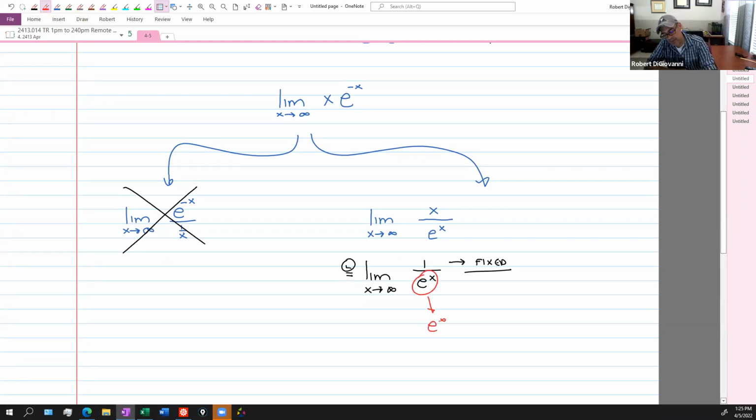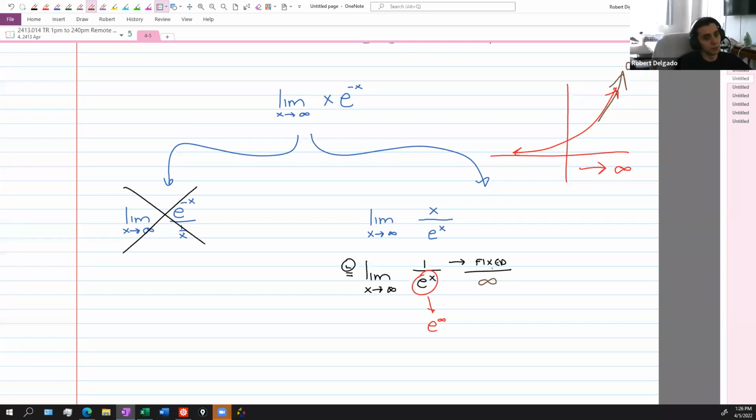E to the positive infinity, which if we go back to that graph, now we're on the e function, but we're headed out to positive infinity, which means that this graph is taking off to positive infinity as well. So the denominator is getting infinitely big. And anytime you have a fixed number over infinity, it goes where? 0.